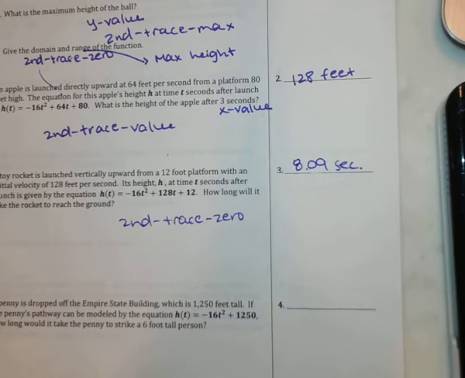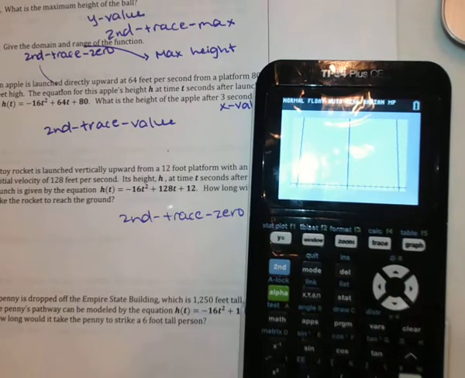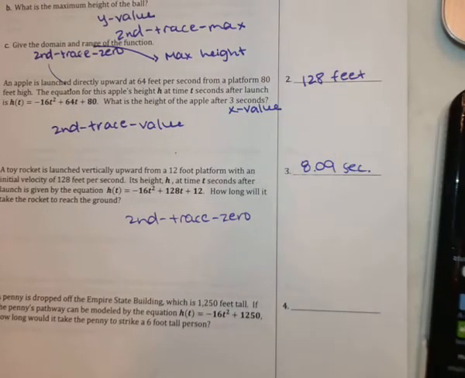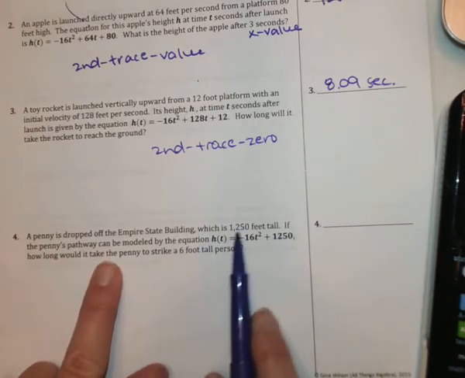All right, last one for today. Go ahead and type in the equation for number 2. This one, our window's way off, but let's first see what it's saying. A penny is dropped from the Empire State Building, represented by this function.